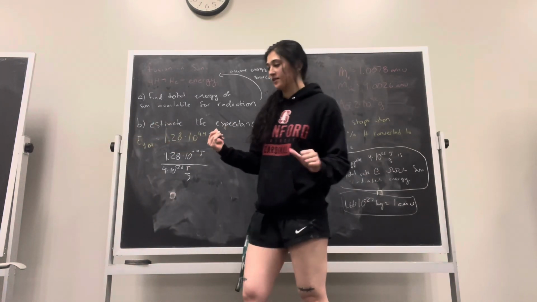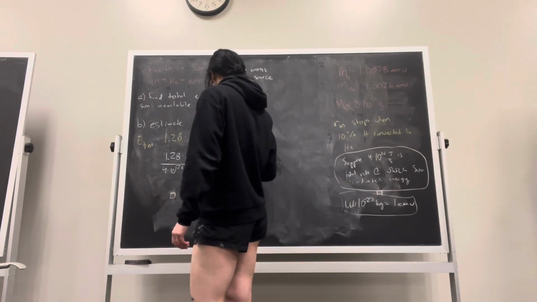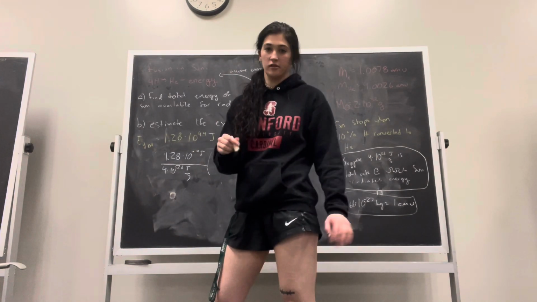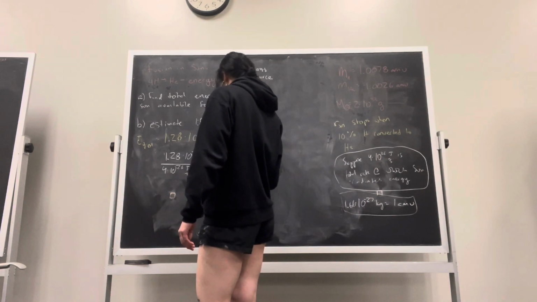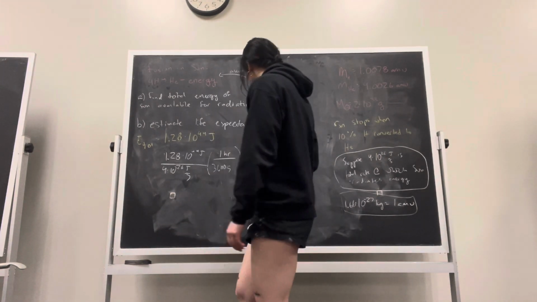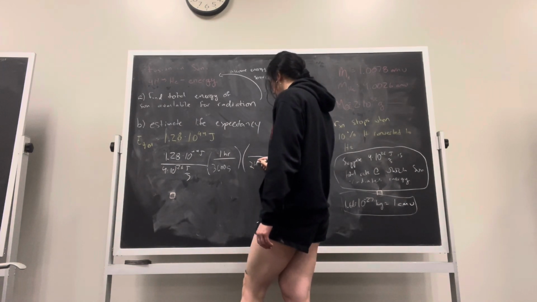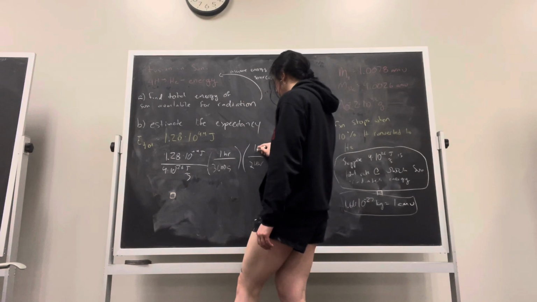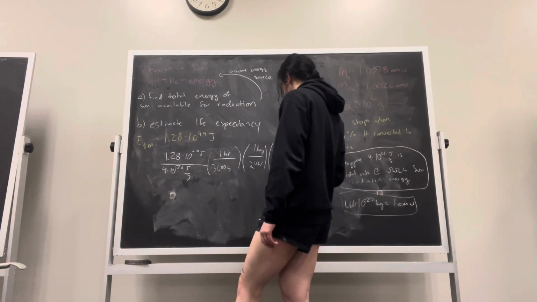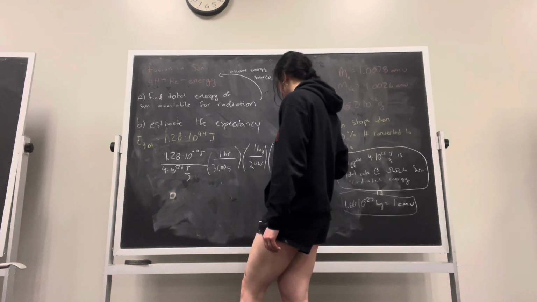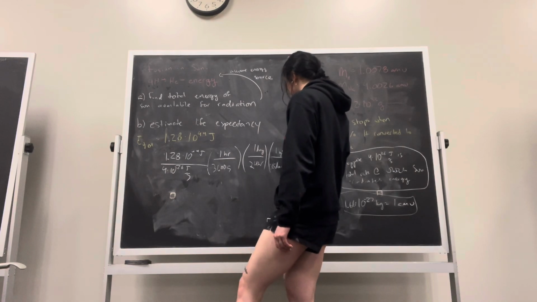Now, this is going to come out in seconds, which is a pretty non-intuitive way to go about things. So if we do some dimensional analysis, we get 1 hour is 3,600 seconds times 24 hours is 1 day, and 365 days in 1 year.